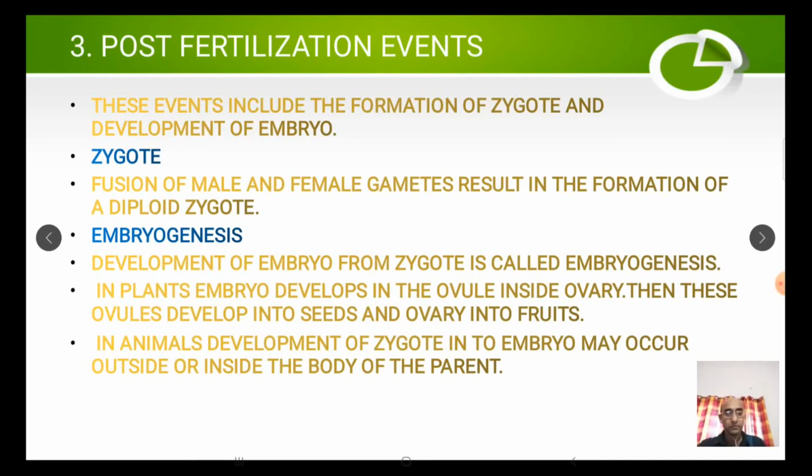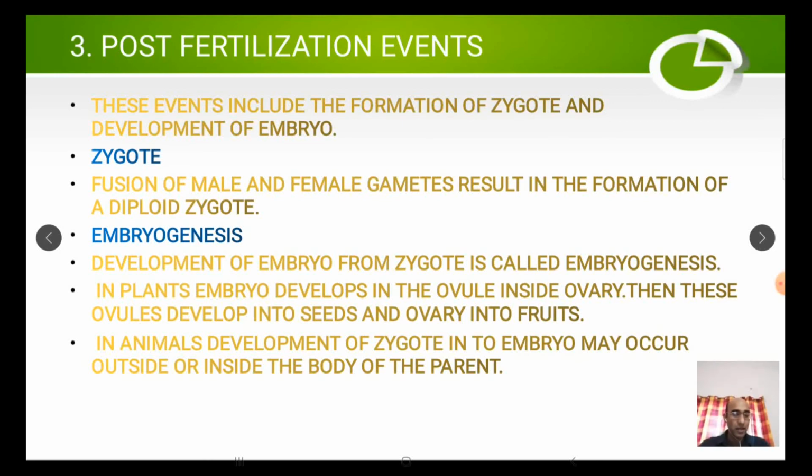Got it? Now, in case of oviparous organisms, you have heard of oviparous organisms, the development of embryo occurs outside the body of the female parent. So they lay eggs. Egg laying animals are nothing but oviparous organisms.